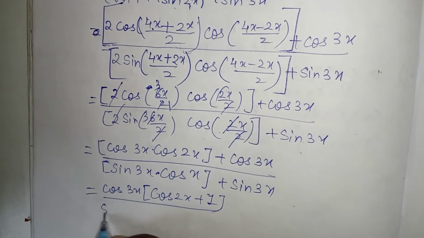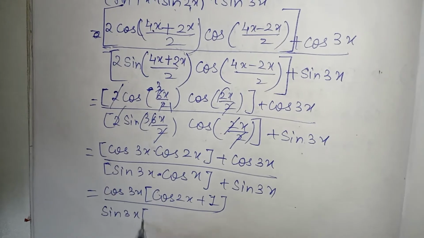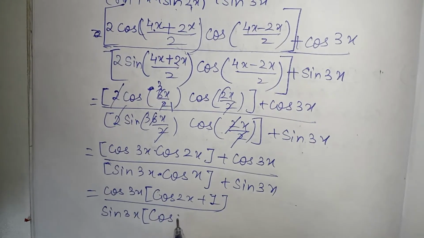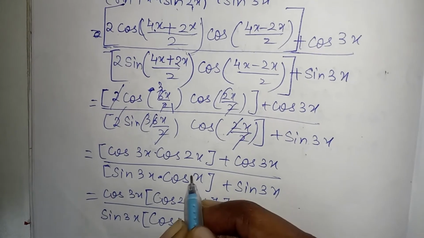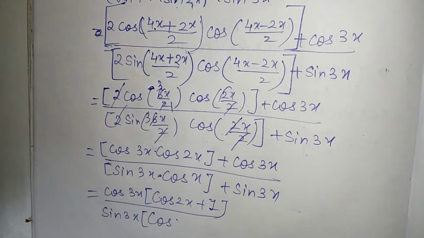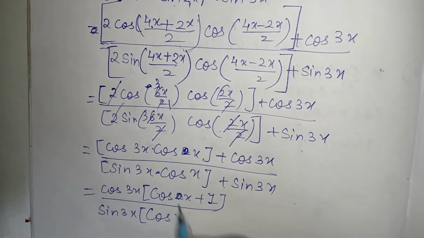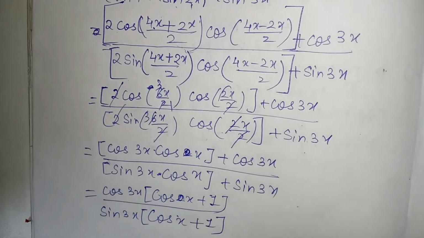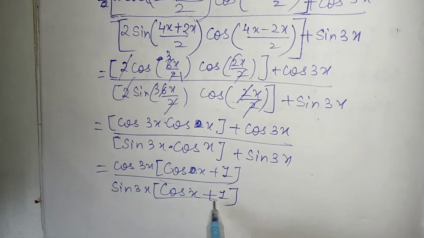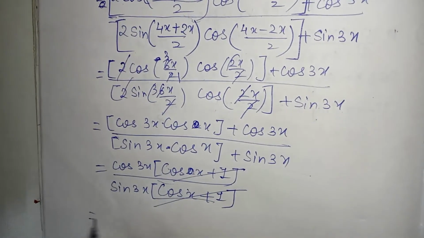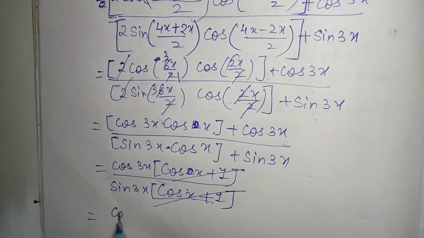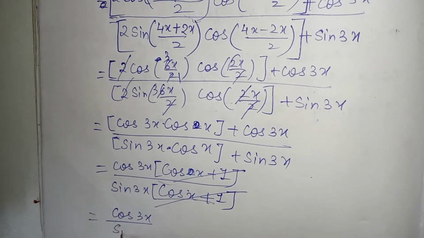And again here sin 3x is common, so the x plus 1. So here you can see cos x plus 1, cos x plus 1 is the same, so cancel it. So cos 3x by sin 3x.